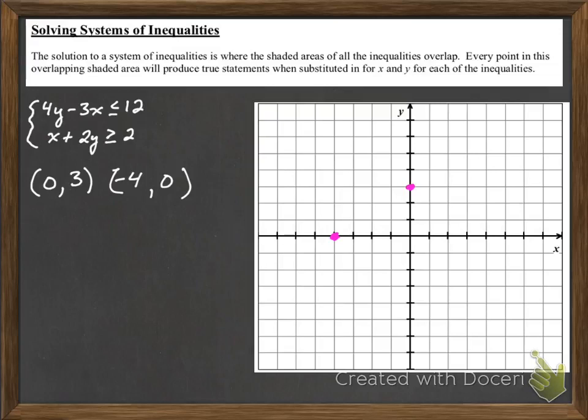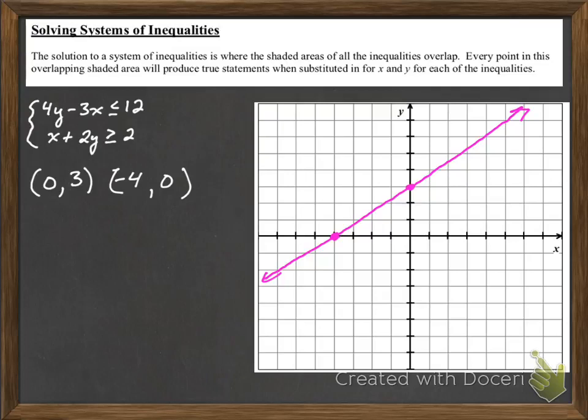Those are the same from the previous problem. This time, however, you have less than or equal to, which means this is a solid line. And we are not going to shade yet because we need to graph the other line as well. Now, let's think about the shading for a second, though.